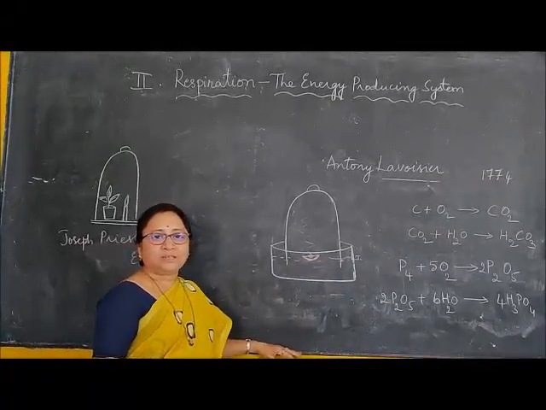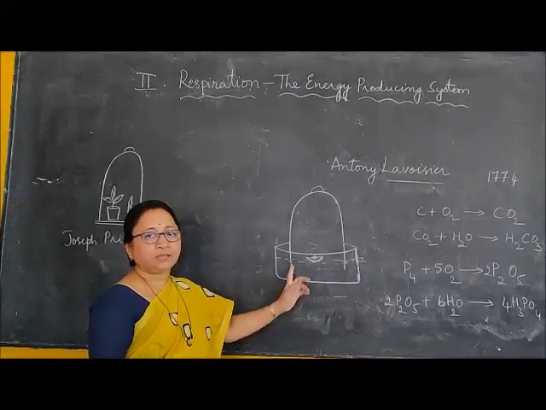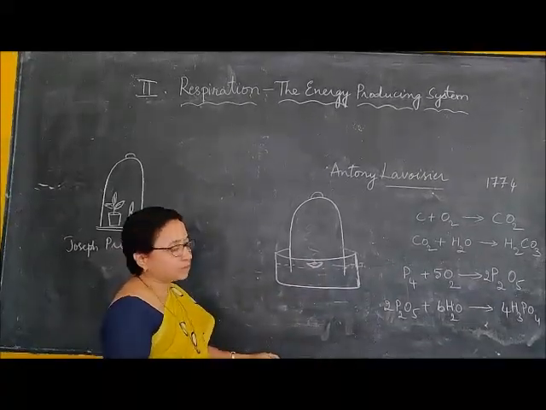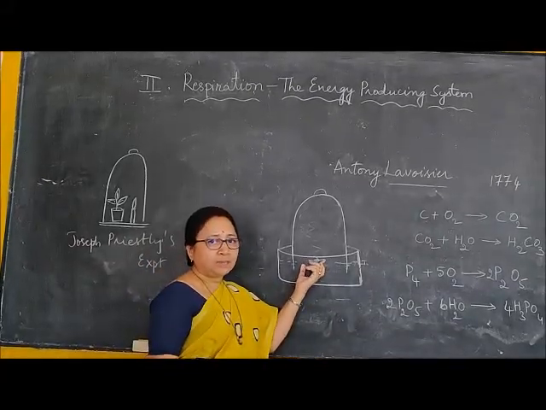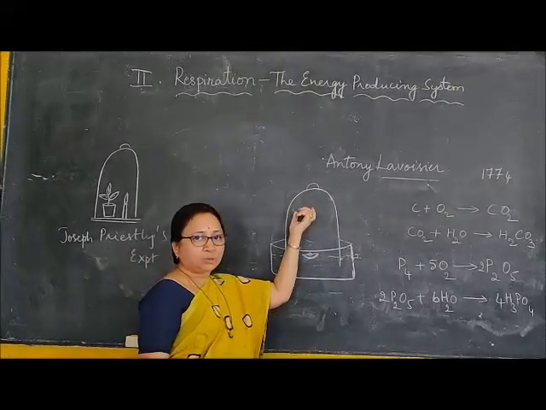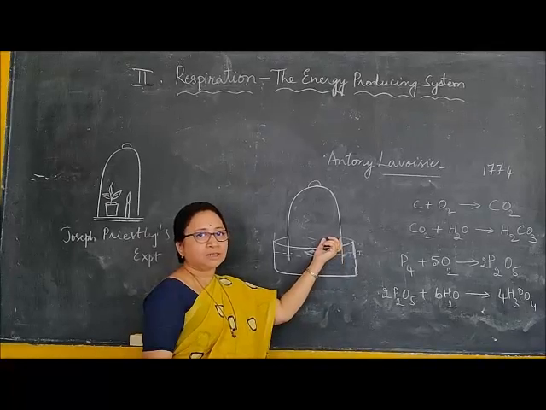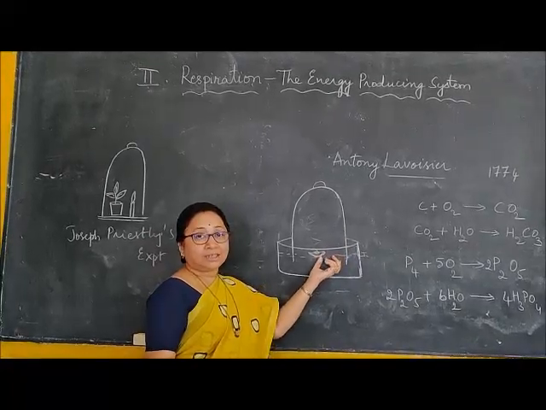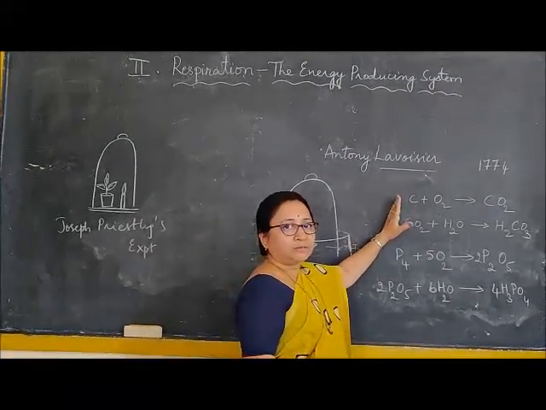Later on, he continued the same experiment with phosphorus. He burned the phosphorus in the same bell jar, and the white dense fumes which were produced dissolved in the water, and the level of the water also increased. Let us come to this conclusion.